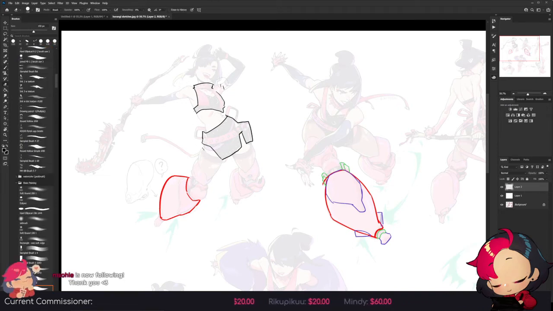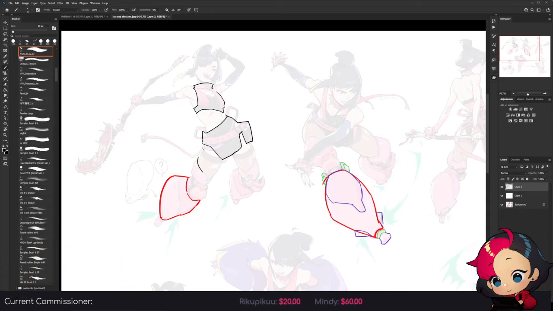And then concentration of detail right here. And then I only divided this bigger shape with a smaller concentration of detail right here. So, you know, that's also a form of the idea of big, medium, small.